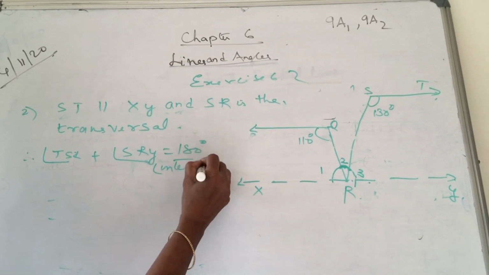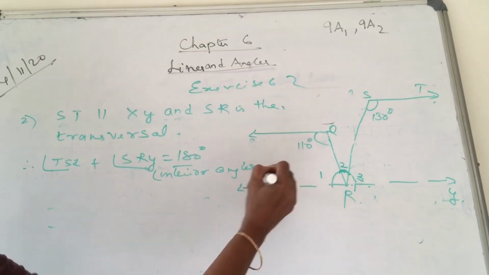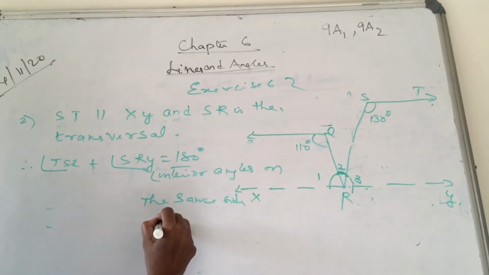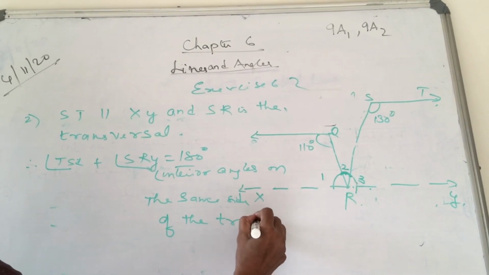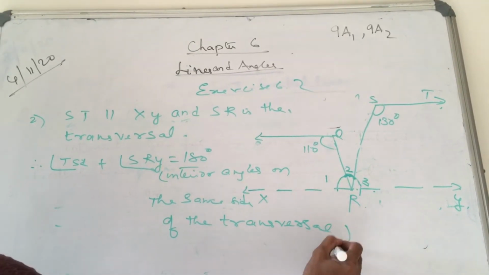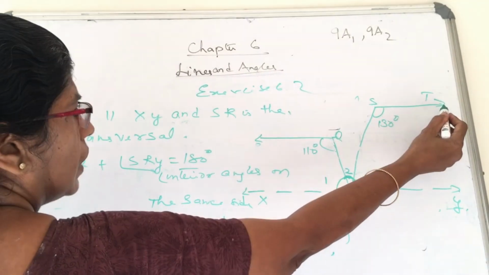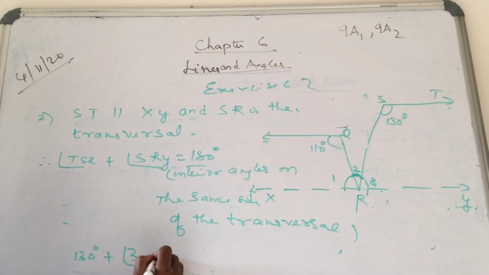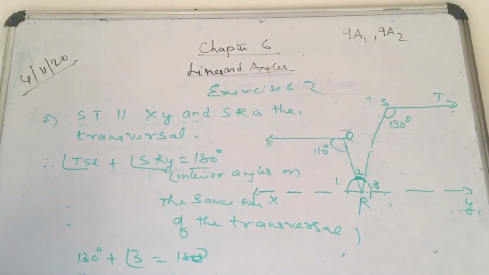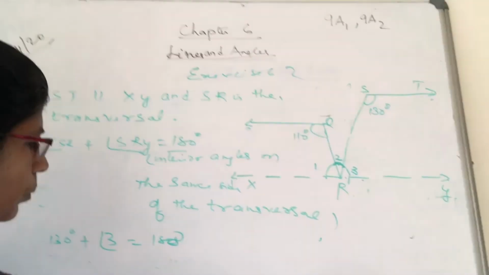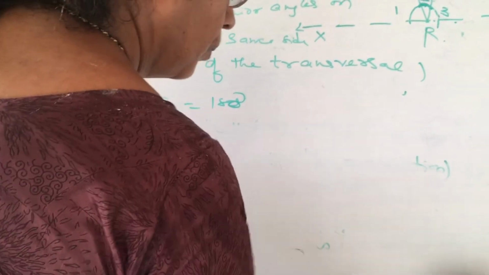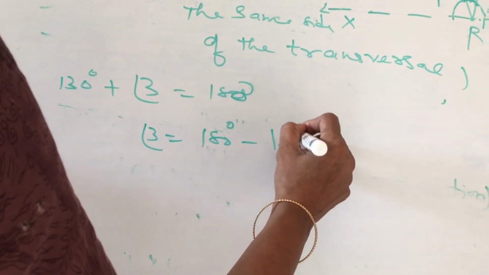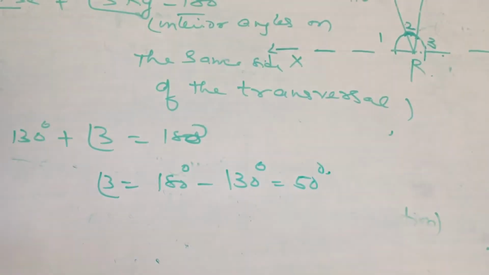Interior angles on the same side of the transversal. What is angle TSR? 130 degrees plus angle 3 is equal to 180 degrees. Angle 3 is equal to 180 minus 130, that is equal to 50 degrees.